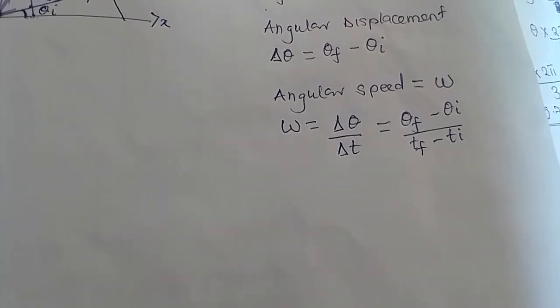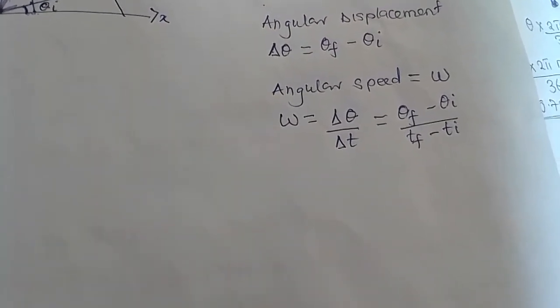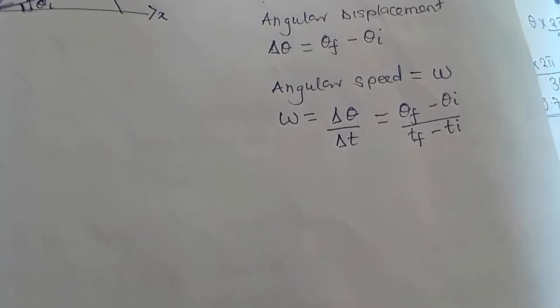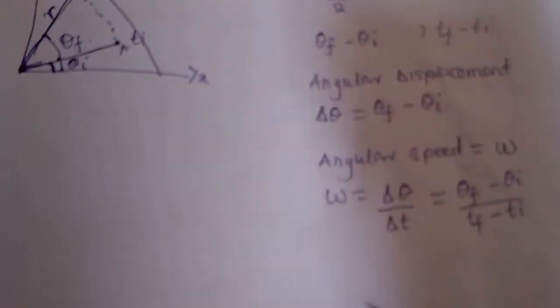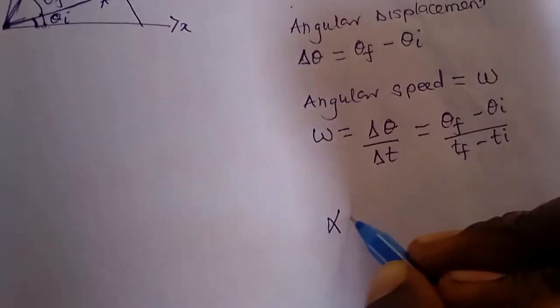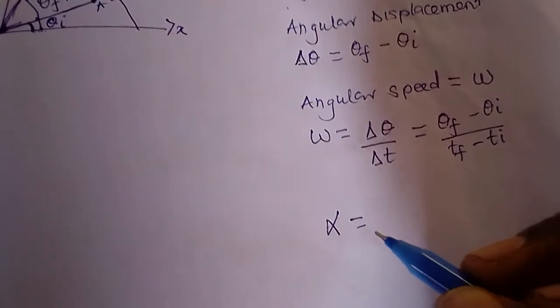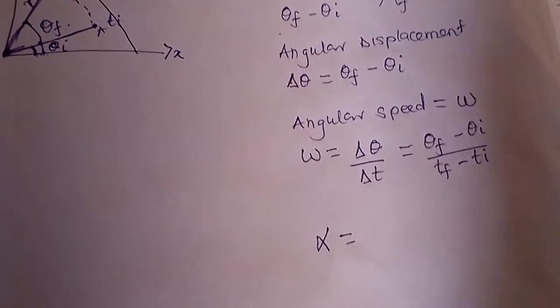So with angular speed, we are talking about the average speed, which is more like what we are talking about here anyway. We'll see how many examples we are going to do with reference to this. Then we can talk of angular acceleration. Angular acceleration is simply the rate of change of angular speed.